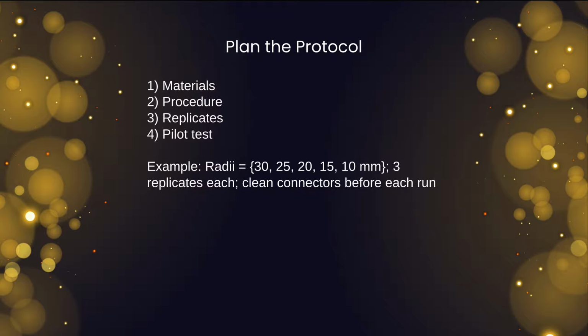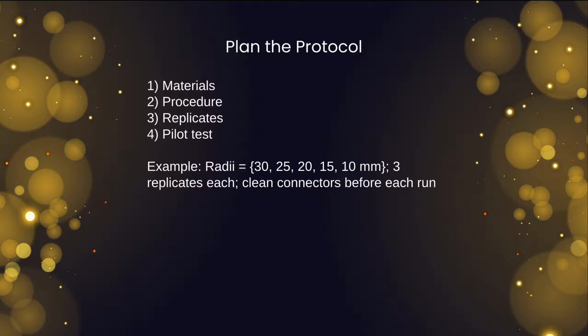Now we're going to plan the protocol, and I have 4 steps on screen, but it doesn't have to be these 4 steps. You can plan it how you see fit, but these are some guidelines if you don't know where to start. So first, think about what materials you might need for your project or experiment, and then the procedure that you're going to create. Now this can be hard, and sometimes you might have to refine the procedure to find the best way.